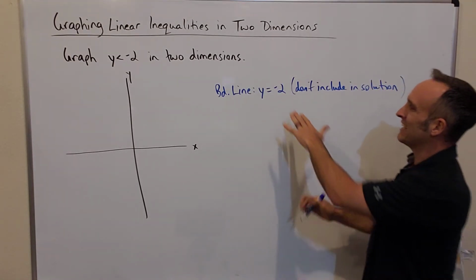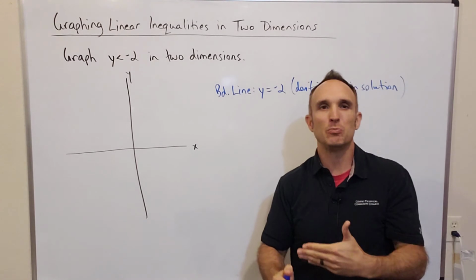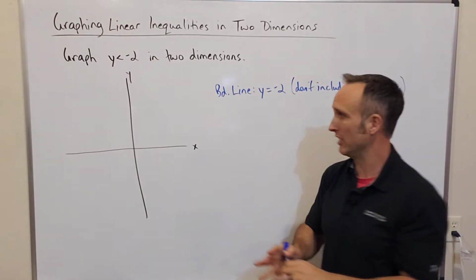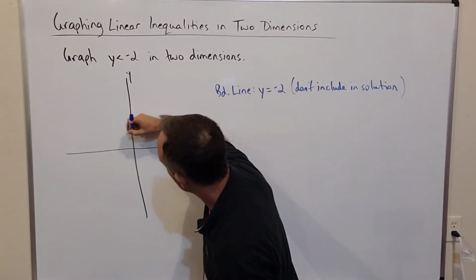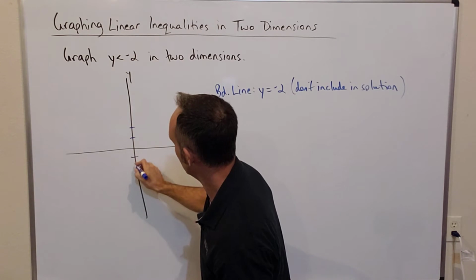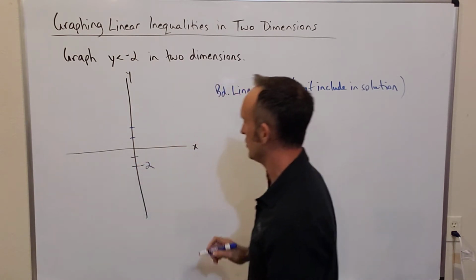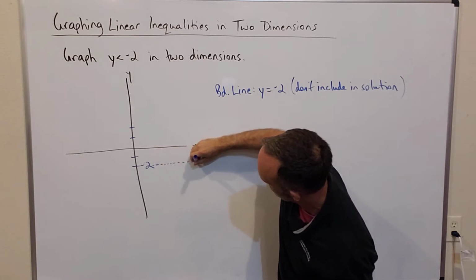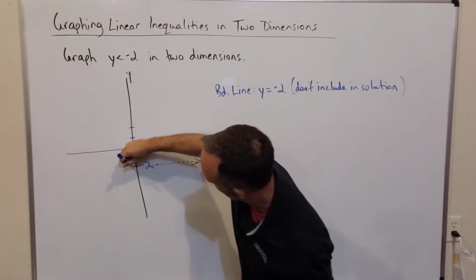The way we can indicate that we have a boundary that's not actually part of the answer is don't make it a solid line, make it a dashed line or a dotted line. So y equals -2 crosses the y-axis at -2, and it's this horizontal line, and we make it a dashed line. We have a dashed boundary line.